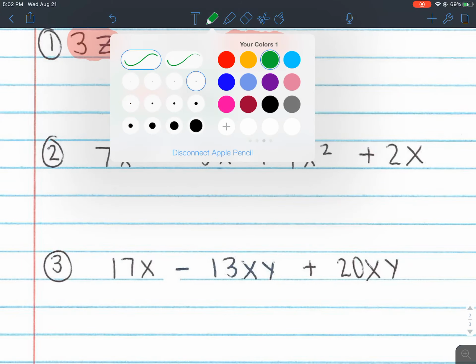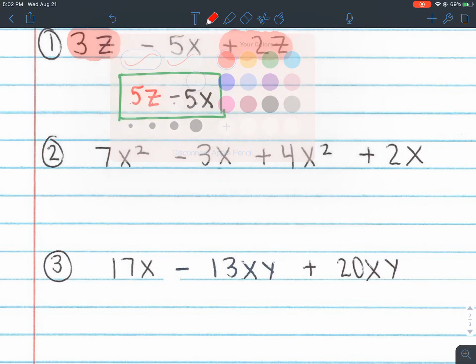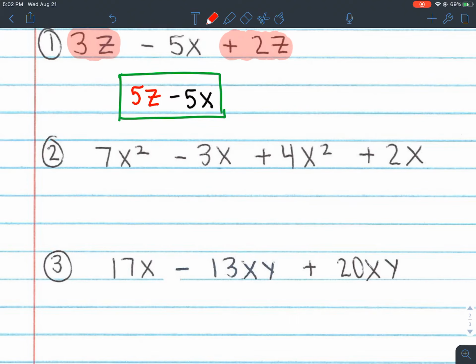Number 2. Let's actually use red for all these. Okay, do I have any like terms? I have some like terms. I have 7x squared, and I have 4x squared. So these are like terms, same exponent, same variable. 7x squared plus 4x squared is going to give me 11x squared.